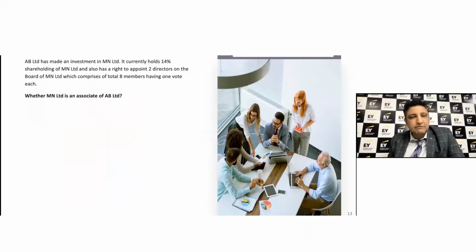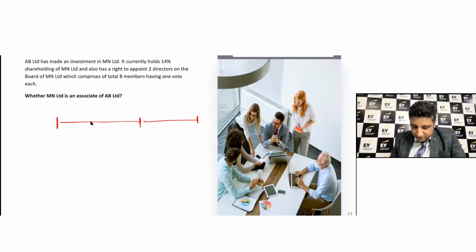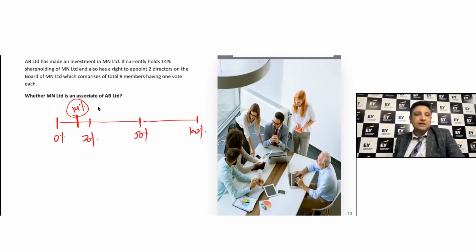The question is whether MN Limited is an associate of AB Limited. Okay. Now, importantly, we use the timeline always to understand it better. When you look at this shareholding somewhere here, this is the voting power that AB has got as far as investment in MN Limited is concerned.